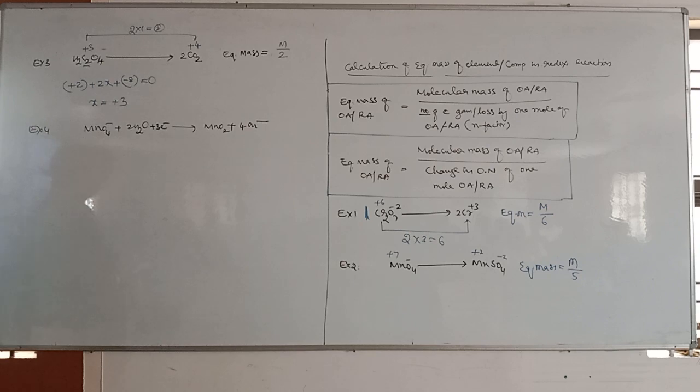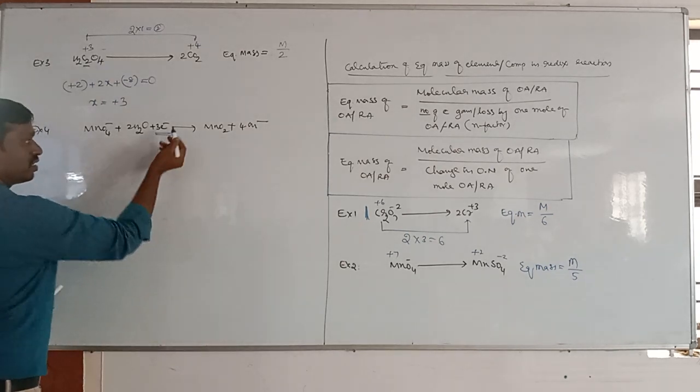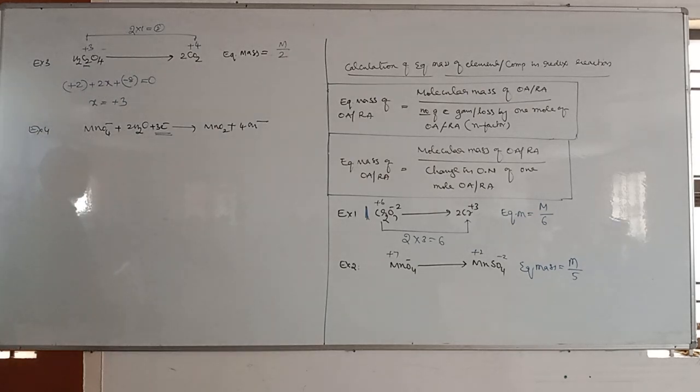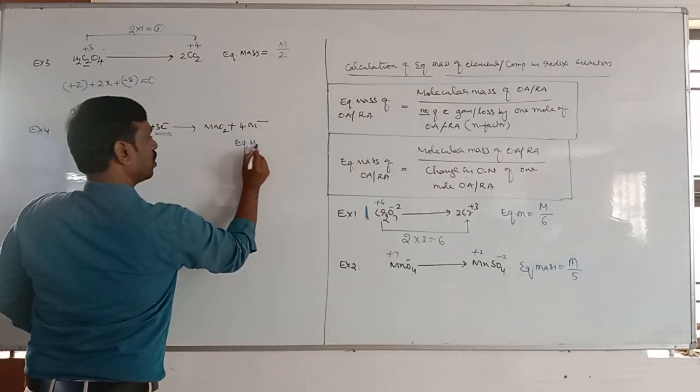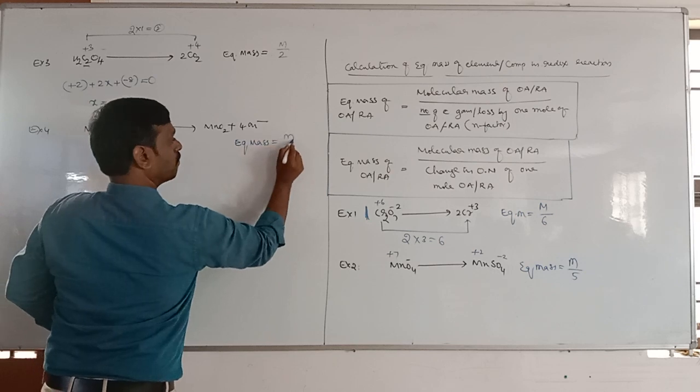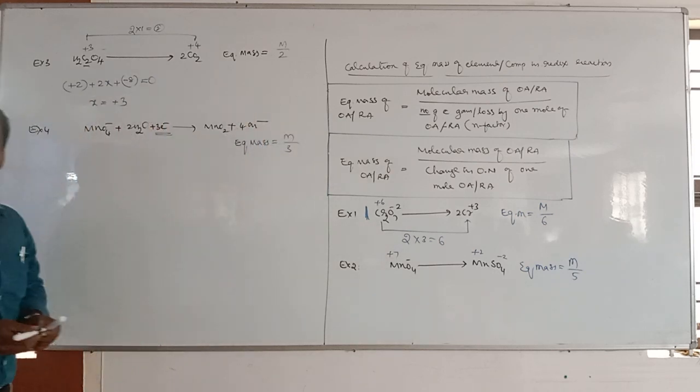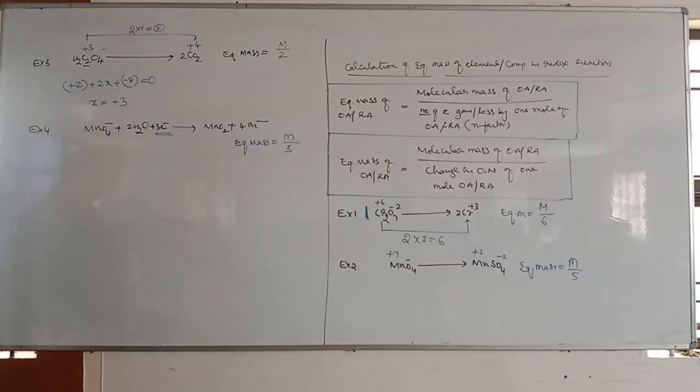Tell me now, what is the equivalent mass? To calculate equivalent mass, the electrons are given, no? The number of electrons, gained or lost, is nothing but the n factor. Therefore, in this case, the equivalent mass is M by 3. This is easy. In this way, you can calculate equivalent mass.